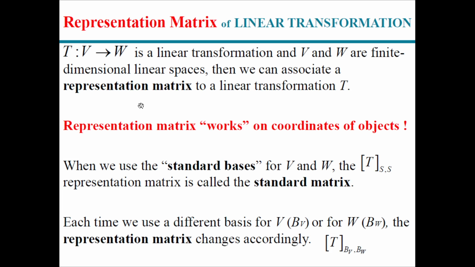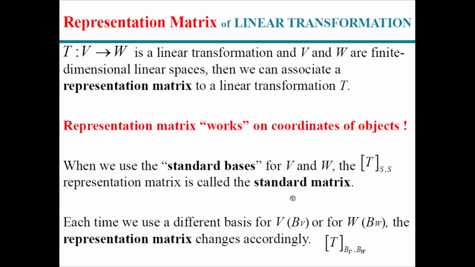Opposed to that, we have a representation matrix for a linear transformation. A representation matrix works on coordinates of objects. It doesn't work on objects themselves, it works on coordinates. Obviously, those coordinates are related to a basis chosen for a linear space. So, when we choose the standard basis for the domain and codomain, we have a standard matrix. We already know how to compute this standard matrix.